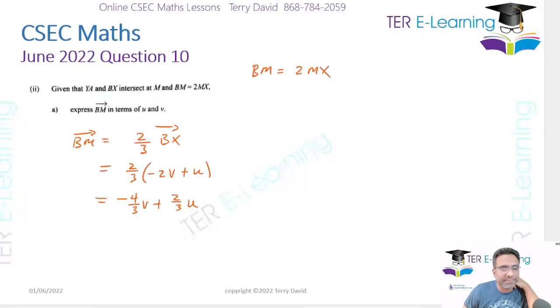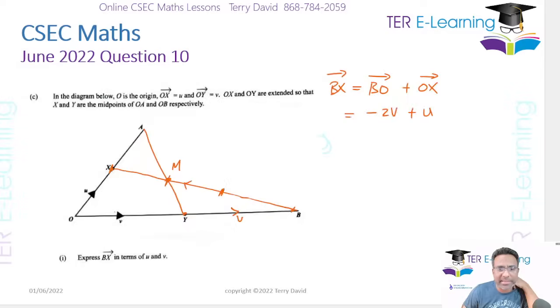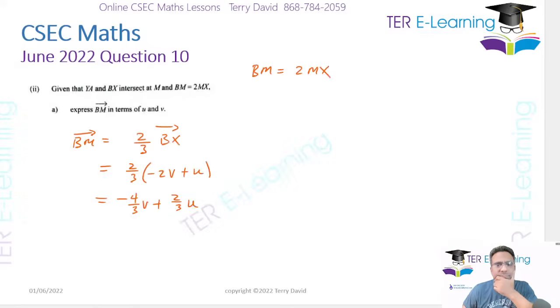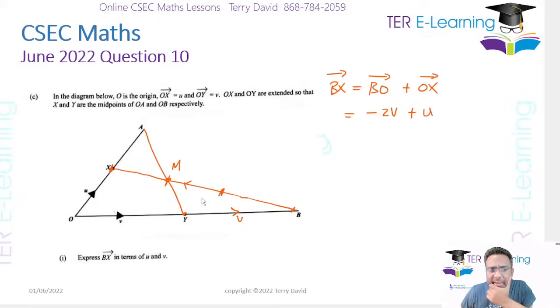I'm sure about that. Next one here, they told us that BM is 2 times MX. But BM is really 2/3 of BX.